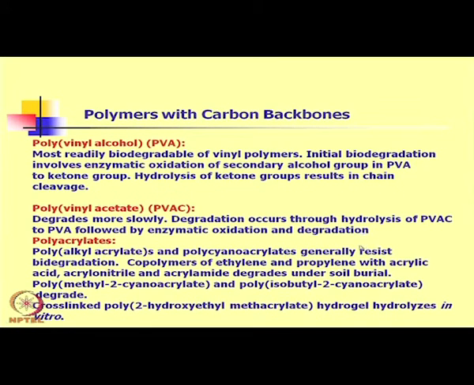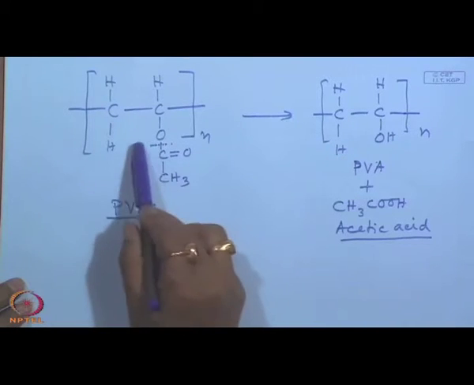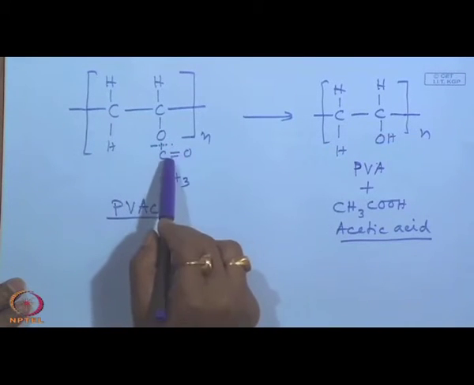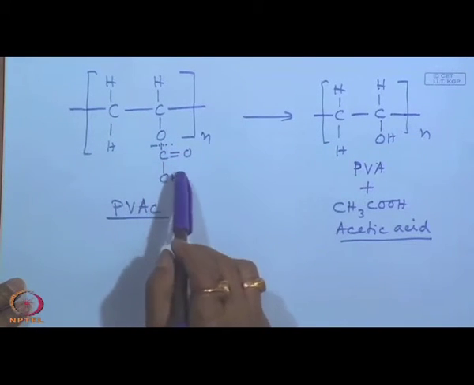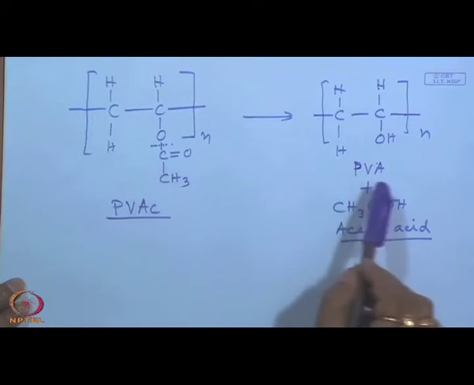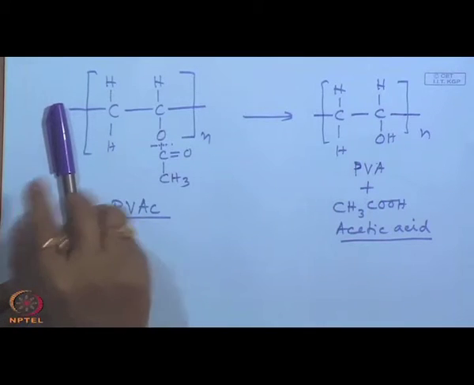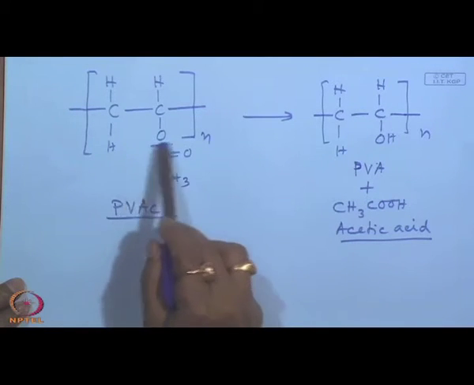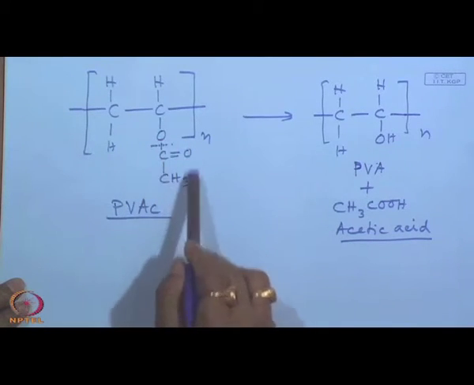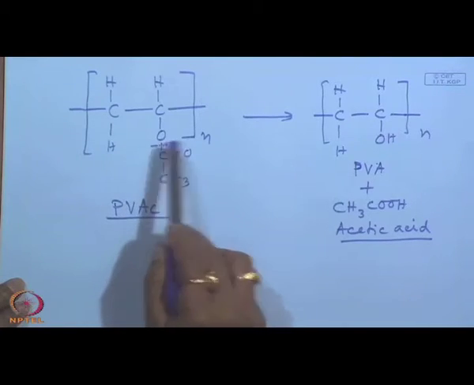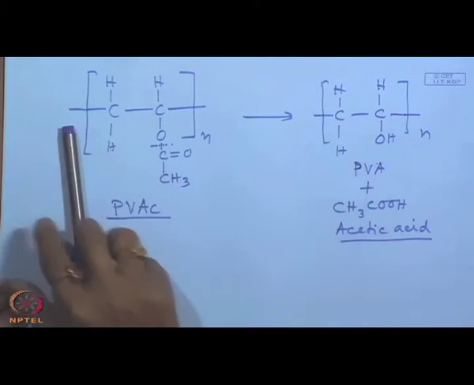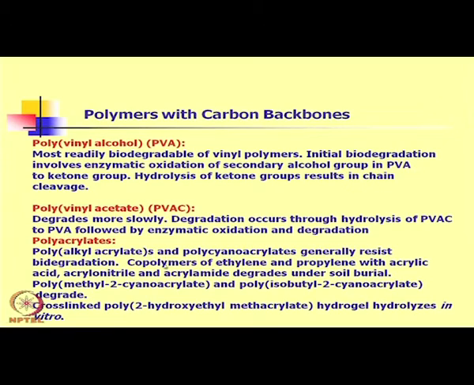So, first this acetate group will be hydrolyzed followed by enzymatic oxidation and degradation of this polyvinyl alcohol. So, because of this first step of hydrolysis, then degradation, it takes longer time or degrades slowly.